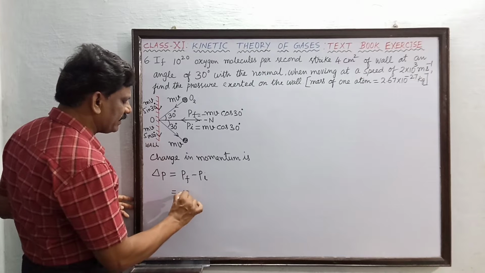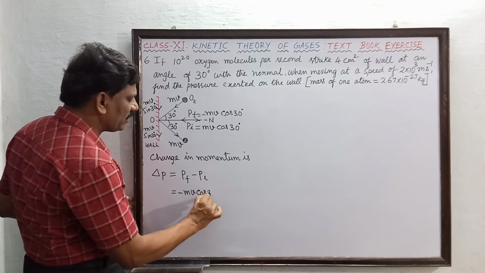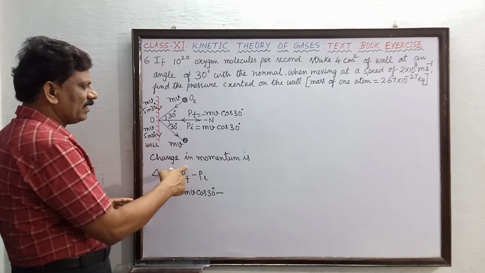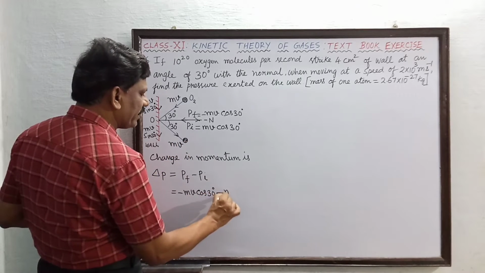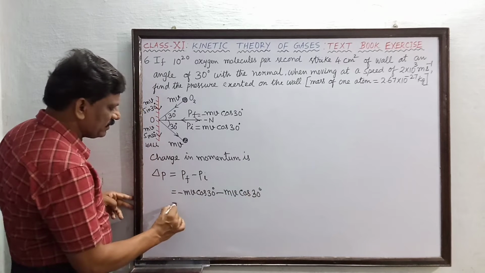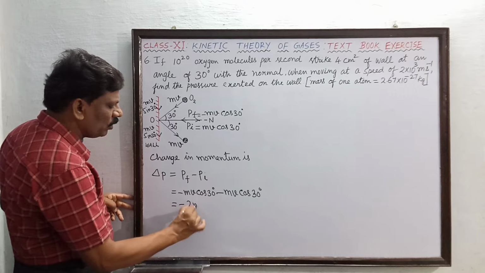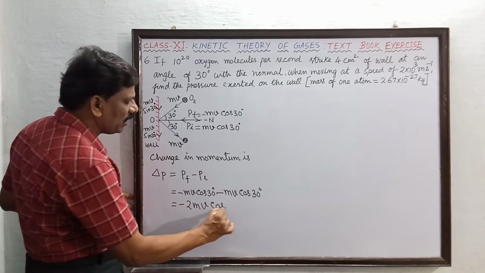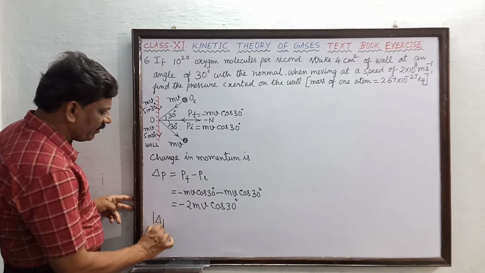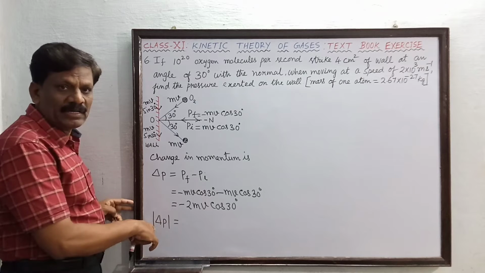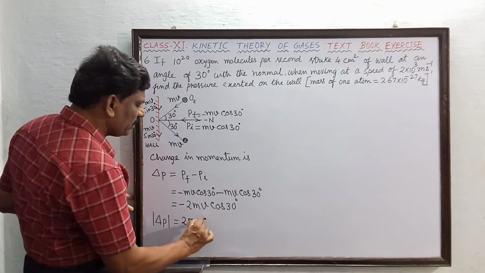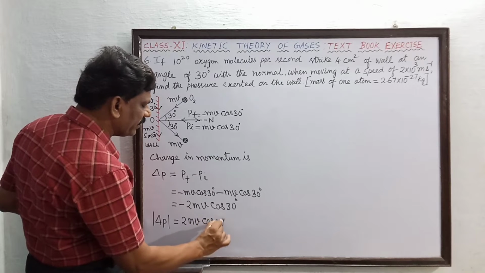Then we have to subtract P initial, which is again mv into cos of 30. So this is equal to minus of 2 mv into cos of 30. Only the magnitude is required for us. Modulus of the change in momentum is 2 mv into cos of 30 degree.